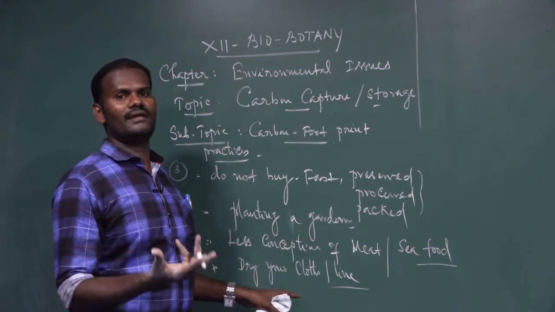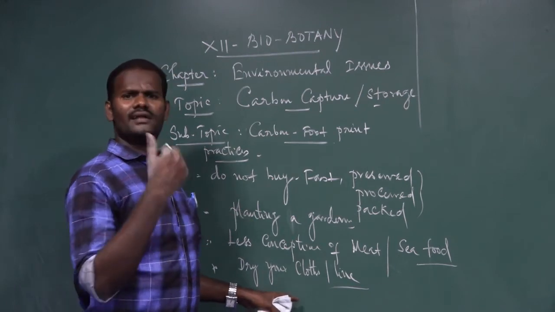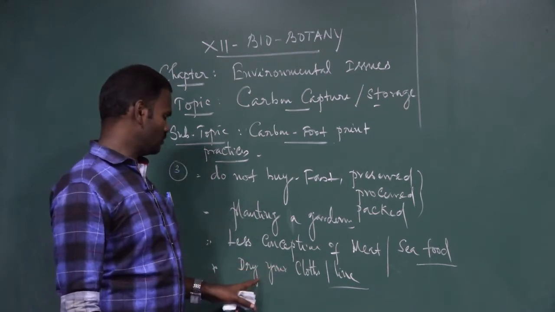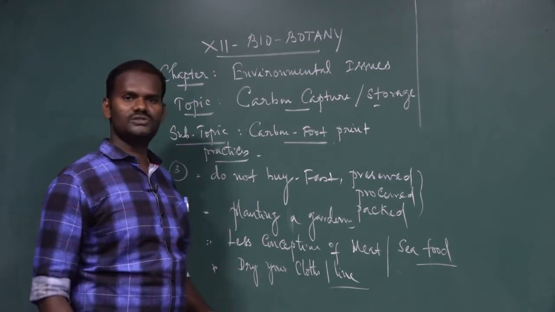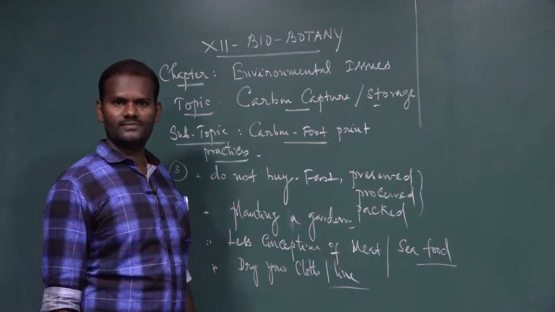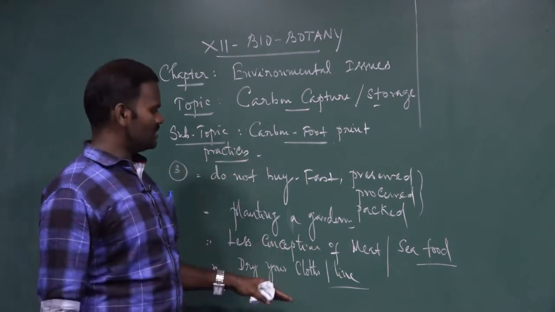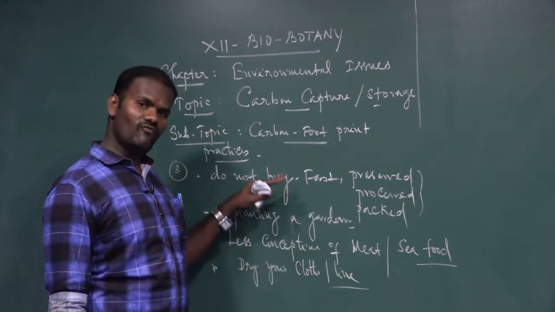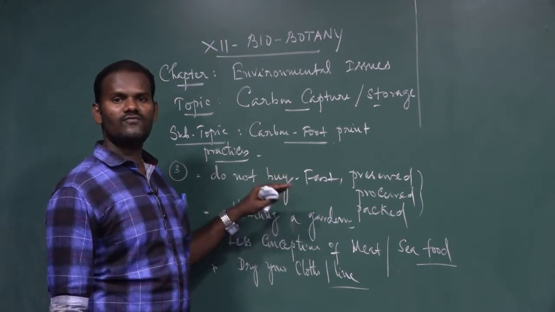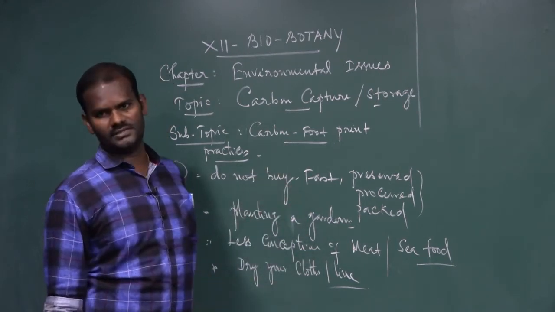If you use the dry cleaners, it is electronic devices that emit the carbon dioxide. So we should avoid these dry cleaners. We have to dry our cloth by using a line. These are also called line dry cleaners. So, these are the practices we have to follow. If you follow these practices, definitely we can reduce the carbon footprint in the atmosphere.